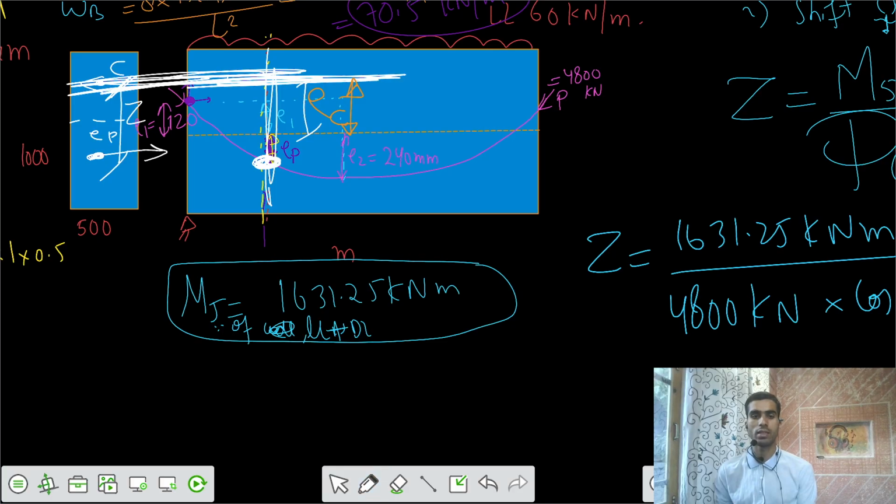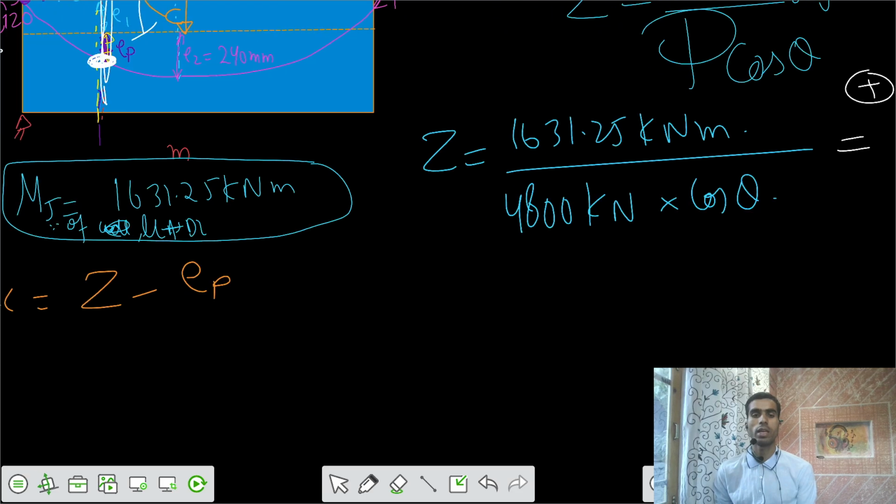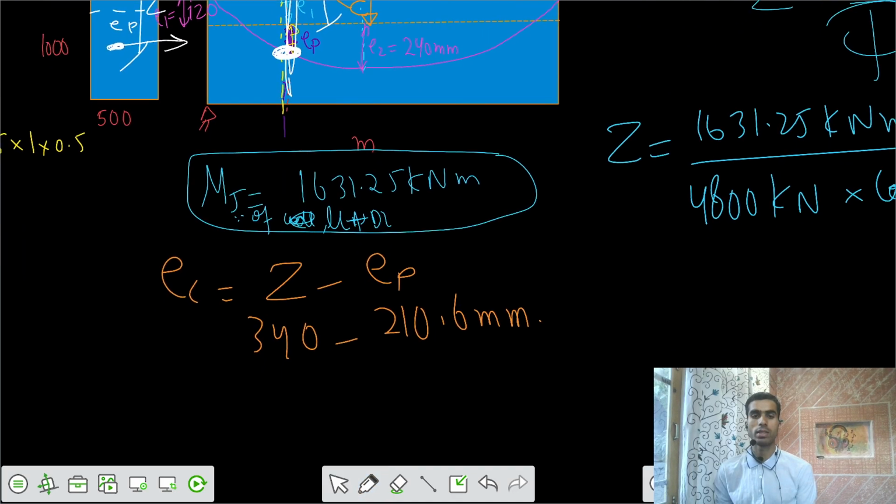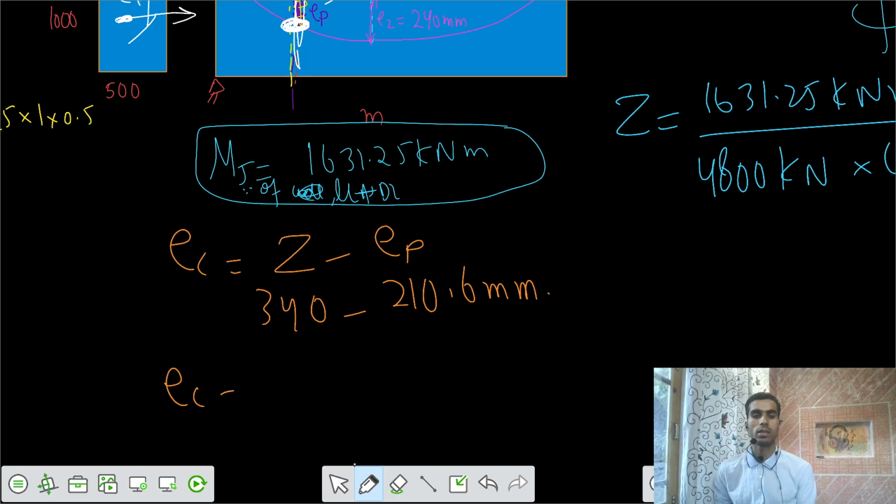So your EC is the difference of Z minus EP. Z is 340. What was the value of EP at that location? EP was 210.6 millimeters.